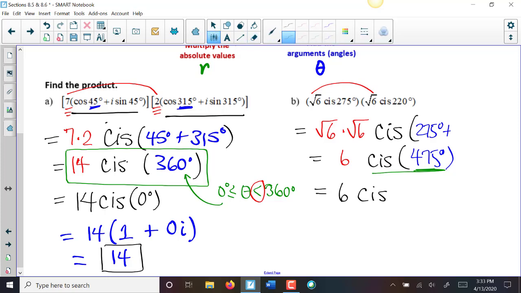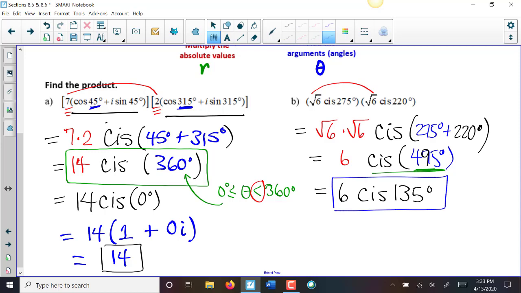Well, this should be 220. So this should be 495. There we go. Subtract 360 and we end up with 135. So there's the product in trig form. Could convert to rectangular form. If you converted to rectangular form, it would be negative 3 square roots of 2 plus 3i square roots of 2.